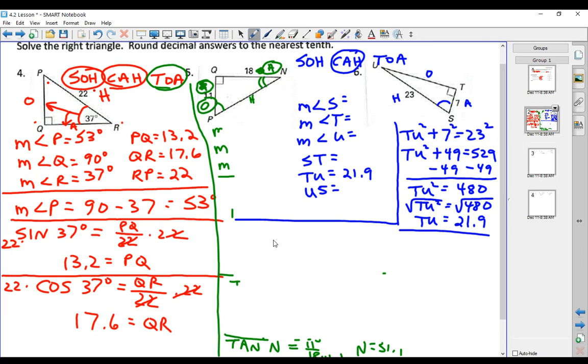So I want to do the cosine of angle S is equal to the adjacent, which is 7, over the hypotenuse, which is 23. In order to get S by itself, I want to do the inverse cosine of 7 over 23. And when you work that out on your calculator, that comes out to be 72.3.